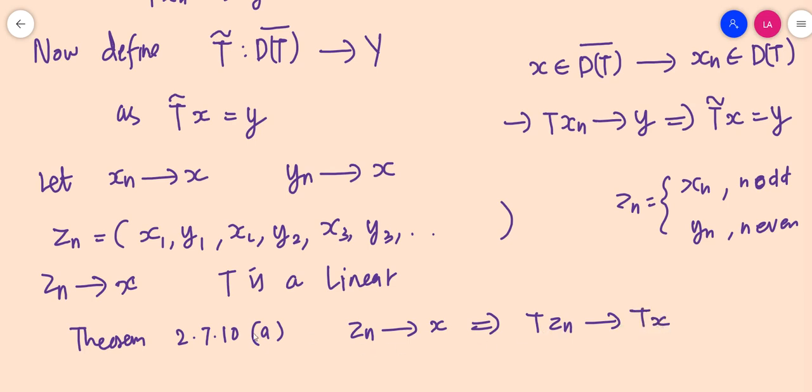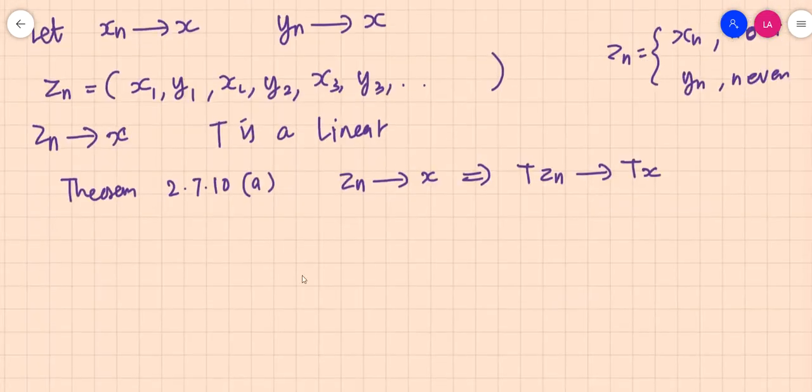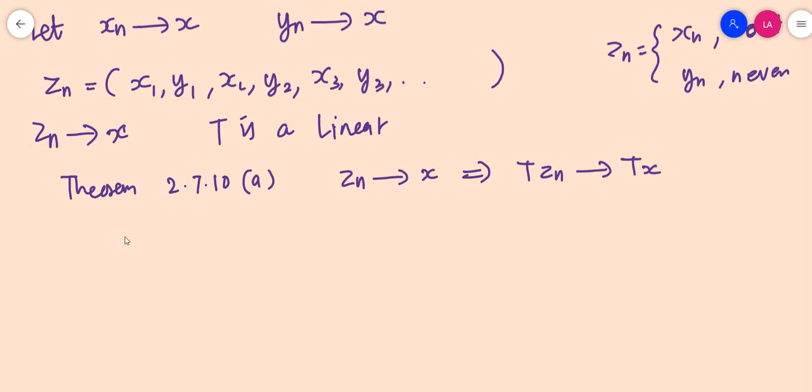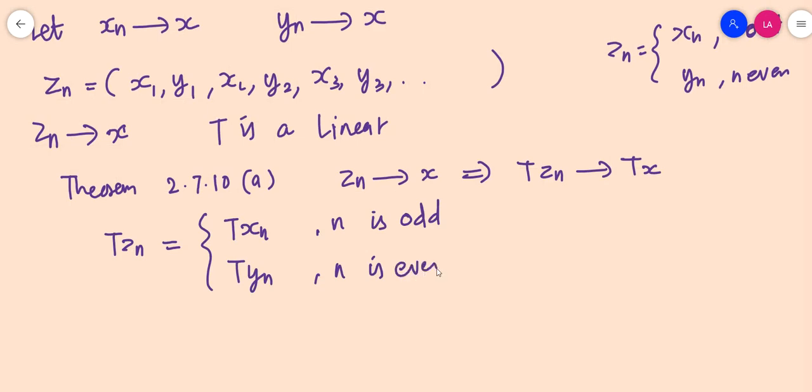Here zn has two parts, so T of zn has two parts: T of xn when n is odd, and T of yn when n is even. So T of zn converges to T of x.